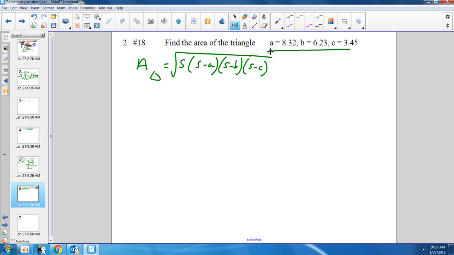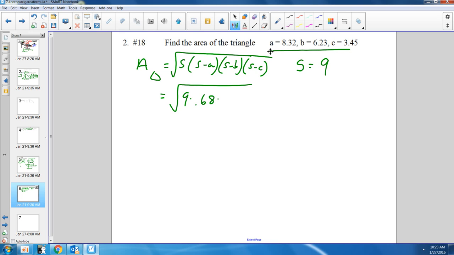So first thing I do is calculate S, the semi-perimeter. S is going to be adding up all those numbers and dividing by 2. You add up all those numbers, you divide by 2, you're going to end up getting 9 as the semi-perimeter. Then I'm going to actually put in the numbers. So it's 9 times, and then I'm just going to take 9 and subtract off A. 0.68 times.